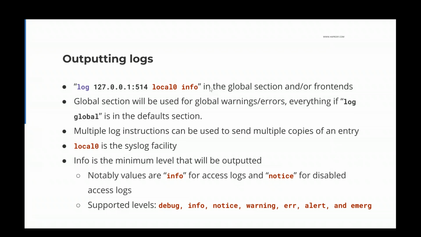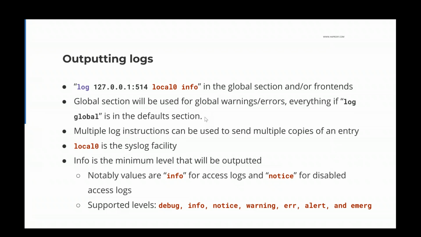The one in the global section will be used for all configuration warnings and errors. If you don't have a log line in the global section, you are going to lose out on a lot of global configuration messages, even if you don't want access logs at all.